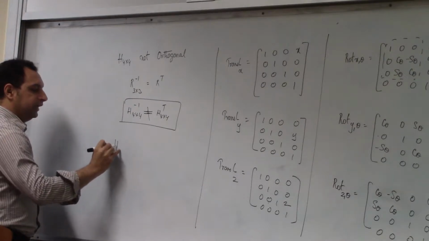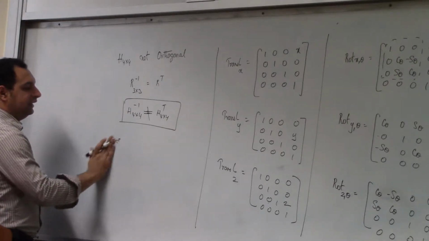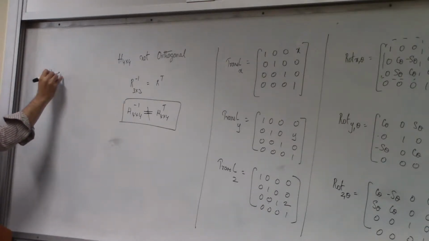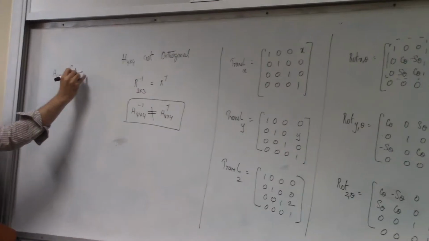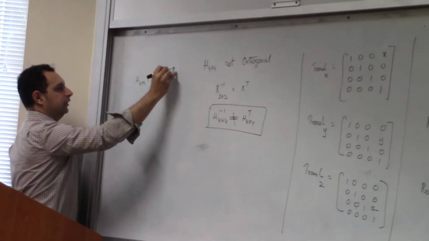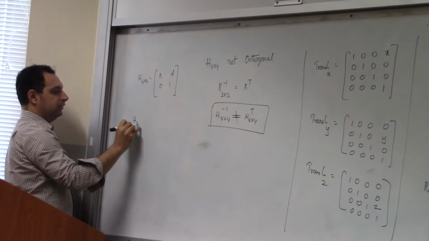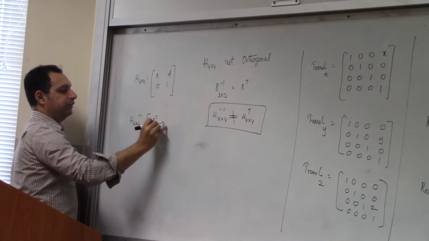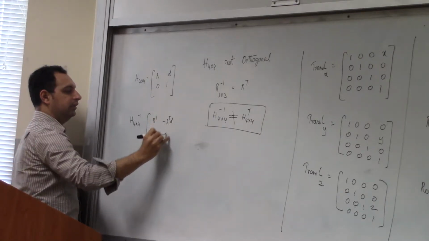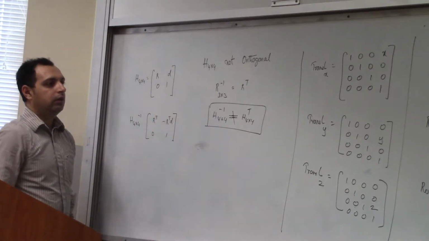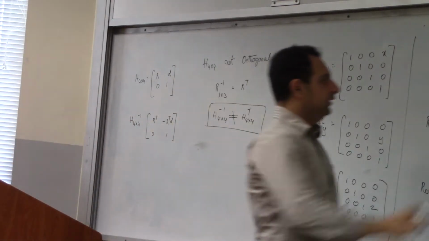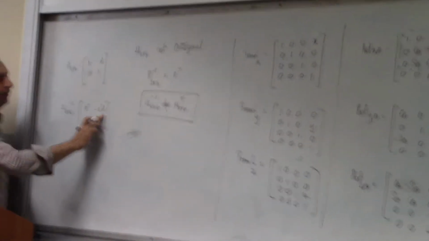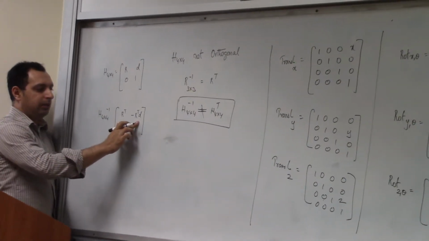So if you want to do an inverse of H, let's say you write H as follows. If H4x4 is R D 0 1, then H inverse will be equal to R transpose, 0, minus R transpose D, 1. Where D is XYZ, and this will be a multiplied product, so you'll get a 3 by 1 matrix.